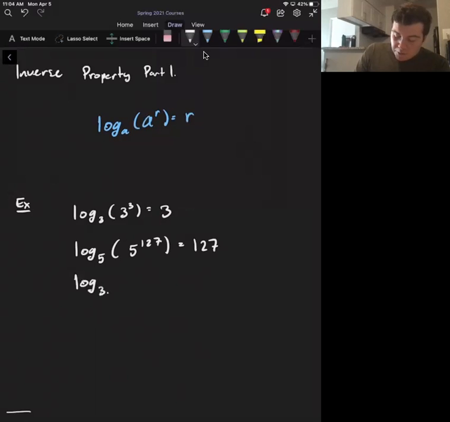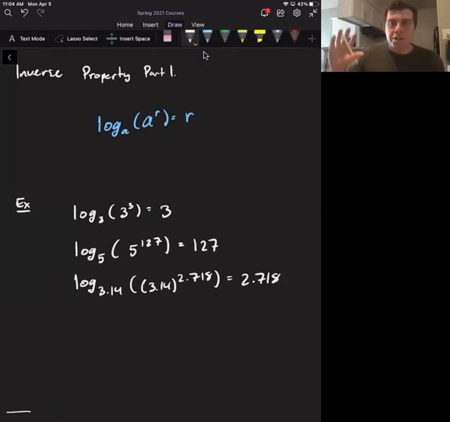Log 3.14 of 3.14 to the 2.718 is just 2.718. So as long as the bases match, we can just pull out the exponent and that's it. All right, so this is part 1 of our inverse property. Now we're ready to start looking at part 2.